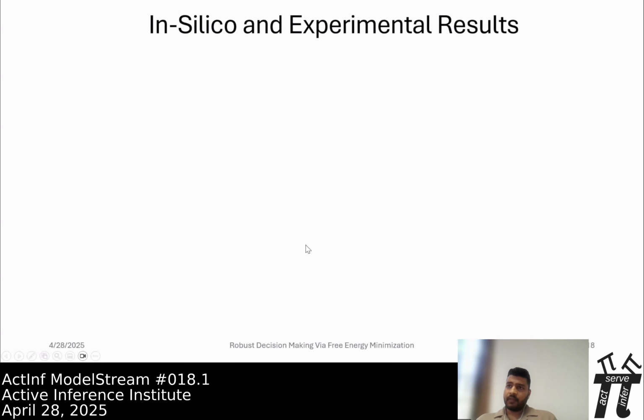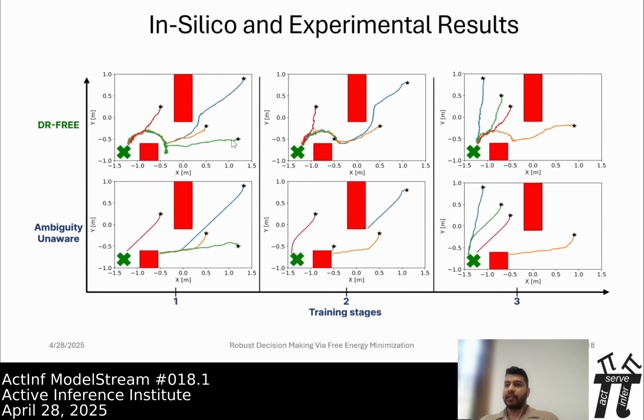So, given this policy code, now we want to apply it to the Robotarium example, and we perform basically 12 sets of experiments on 3 different training stages. So you can see in the top panel is the DR-Free algorithm, and on the bottom is the ambiguity-aware panel, where you can see that the DR-Free agent, even with unknown system dynamics, can still reach the goal without colliding with any obstacles.